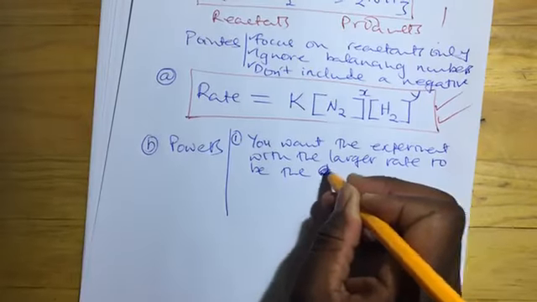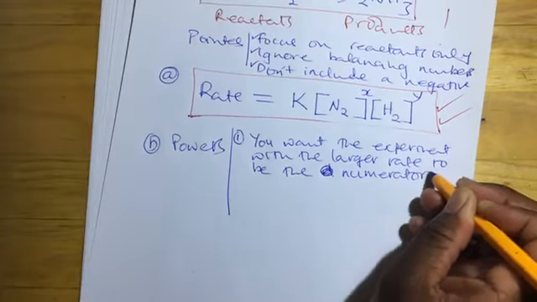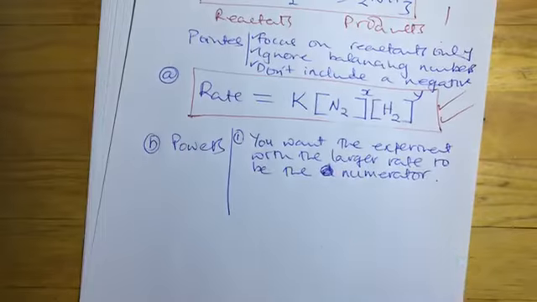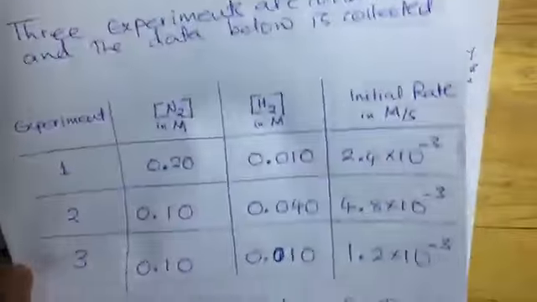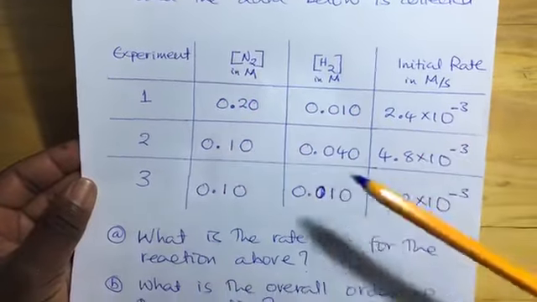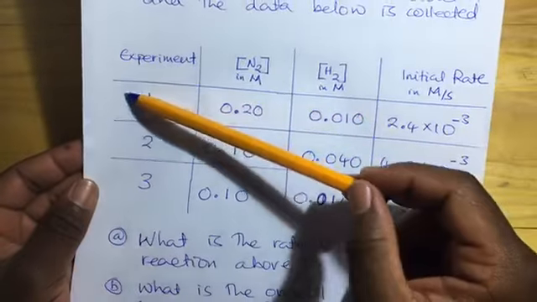Oh no, not denominator, the numerator. Okay, that's the first pointer. Pay attention. The second pointer is, so I said if my focus is 1 and 2, 2 is going to be my numerator and 1 is going to be my denominator.